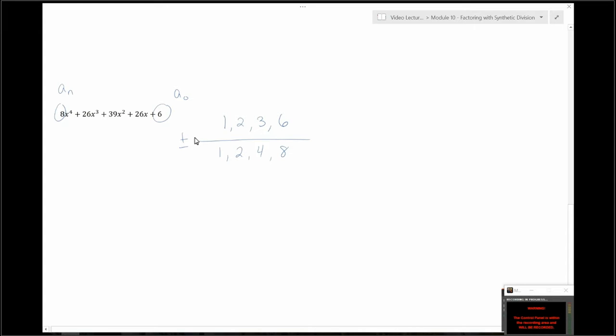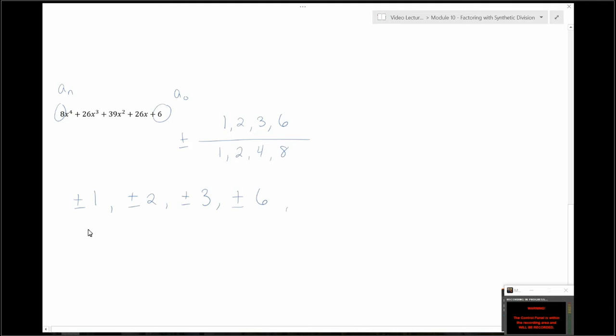And you can see here, we're going to have a lot now. How I like to keep this organized is I'll go through my numerators, each denominator at a time. So I'll do 1 divided by 1, 2 divided by 1, 3 divided by 1, 6 divided by 1.